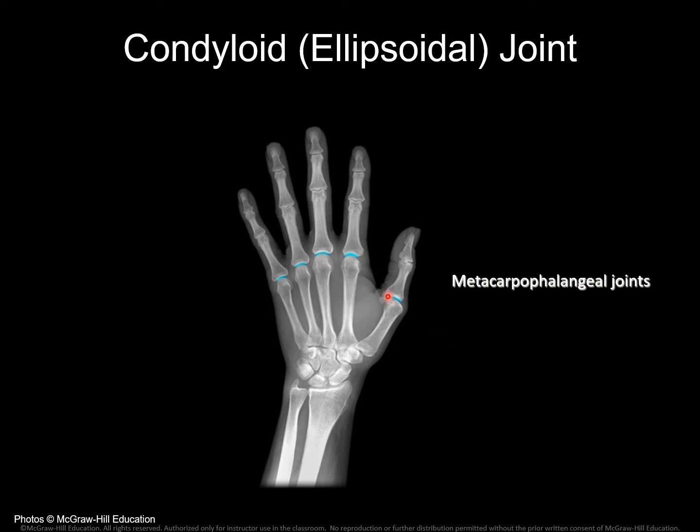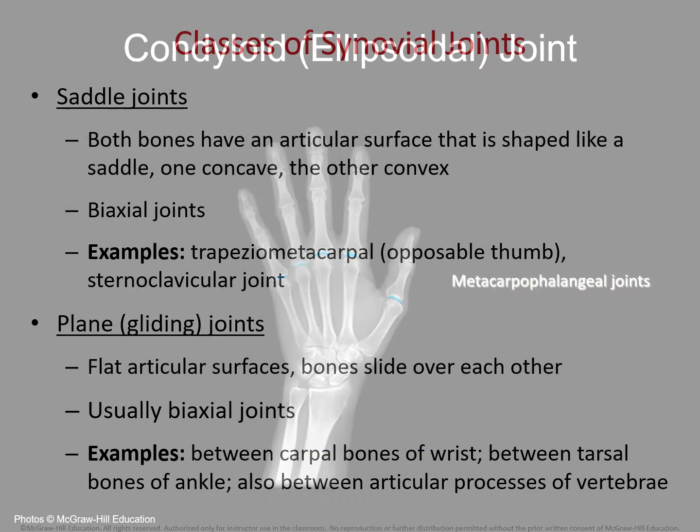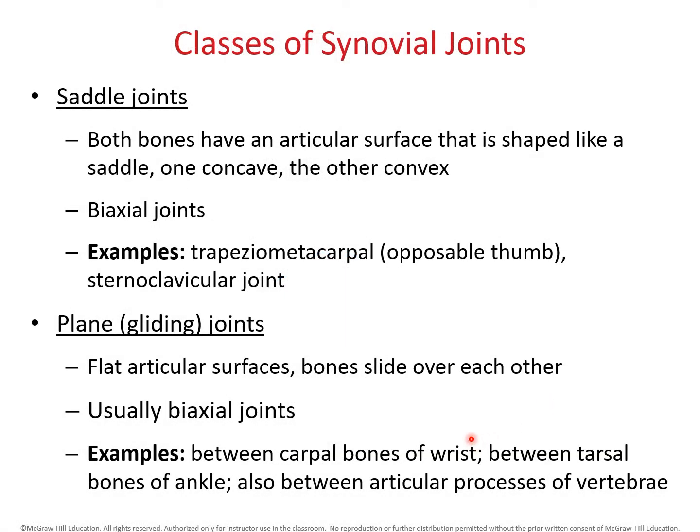Metacarpophalangeal joints, you can see that one bone, the phalanges, is going to have a concave shape at the end of its bones, where the metacarpals will have this complementary ending, which fits perfectly into those phalangeal ends. Metacarpophalangeal. Remember, you want to know what specific joints belong in which class.